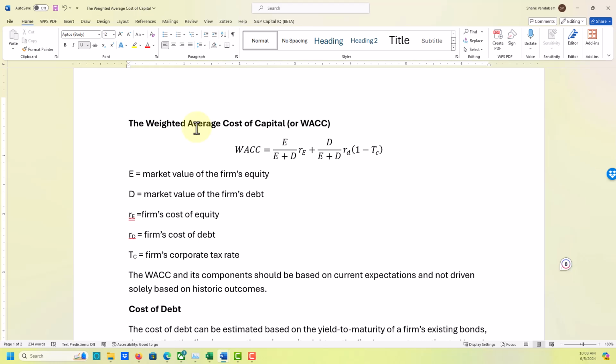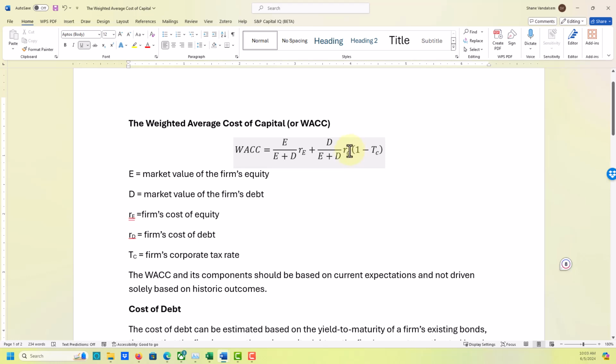But what this calculation tells us is that our first value here, E, which is the market value of the firm's equity, divided by the market value of the firm's equity plus the value of the firm's debt, E plus D, is the weight of equity, multiplied by the cost of equity, plus the weight of debt, the amount of debt the firm has divided by its total value, E plus D, multiplied by the cost of the firm's debt.